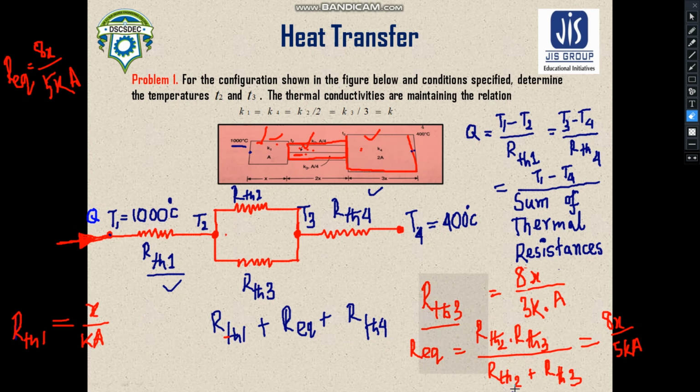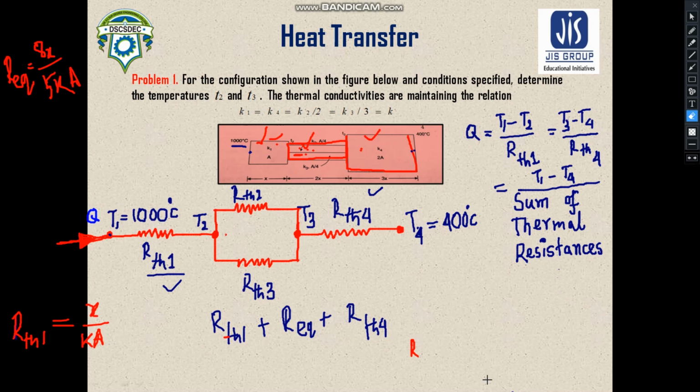Okay, now we don't need these things, because we have already written the data here. So now let us find the thermal resistance for this wall. First you have to write down the thickness, which is 3x here, and then the thermal conductivity, which is K4, and K4 is equal to K. So it will be simply K, and then you need to find the area here.